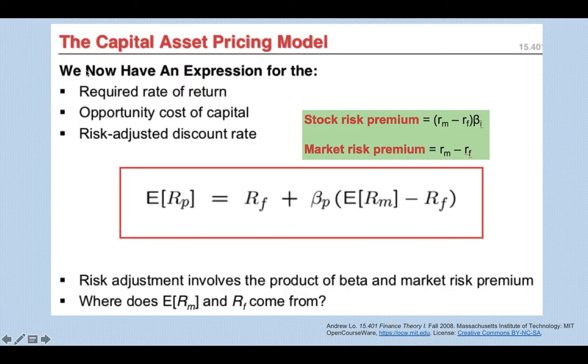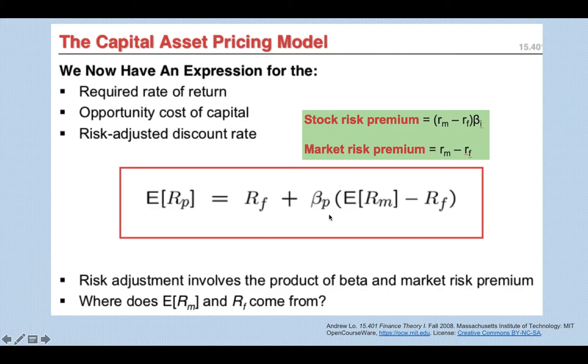Given that information, we now have an expression for the required rate of return, the opportunity cost of capital, the risk-adjusted discount rate. In many situations, we have to use this type of rate, so you can use CAPM for those rates as well.